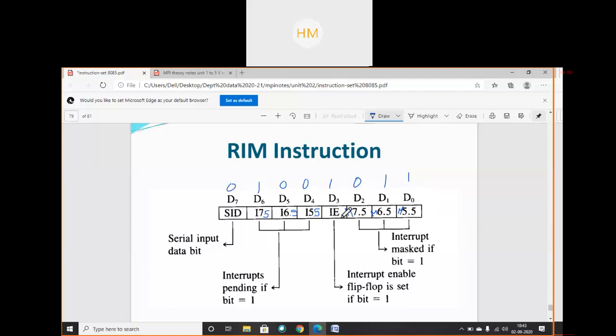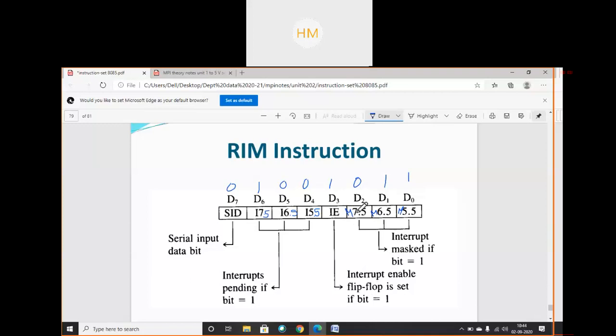Then IE, interrupt enable. Interrupt enable happens when this bit of my flip-flop is set. Right now it is set only. So interrupts are enabled. First I have to check IE; if IE is 1, that means interrupts are enabled, and you can work with that interrupt. Otherwise you can't work. If this is 0, it means interrupts are not enabled.